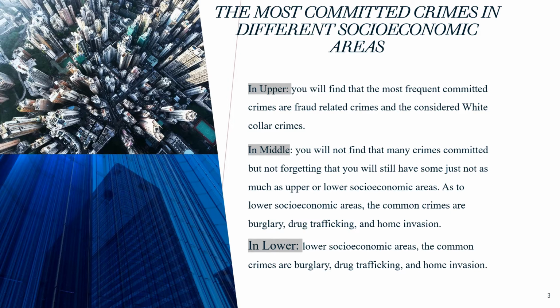In middle class, you will not find as many crimes committed, but let's not forget that there are still some, though not as many as in upper or lower socioeconomic areas. Some of these crimes committed in middle class could be, for example, burglary, drug trafficking, and home invasion. In lower socioeconomic areas, the most common crimes are burglary, drug trafficking, and home invasion.